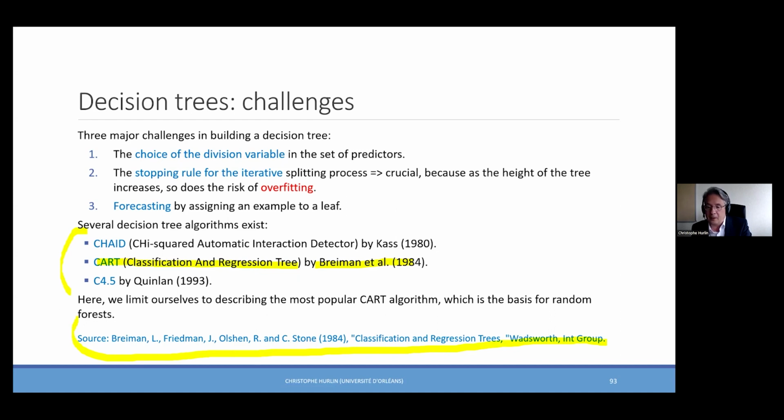In general, if there is no indication, for instance in a Python package, it is the CART algorithm that is implemented for a decision tree. But you have to check if it is CART or another one.